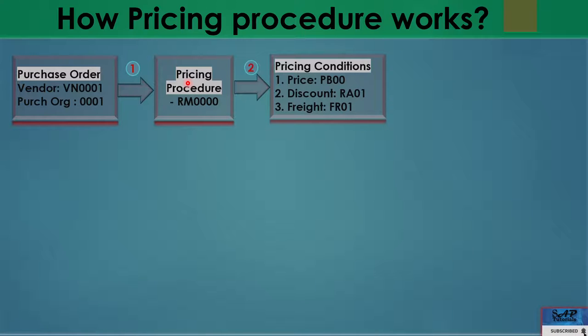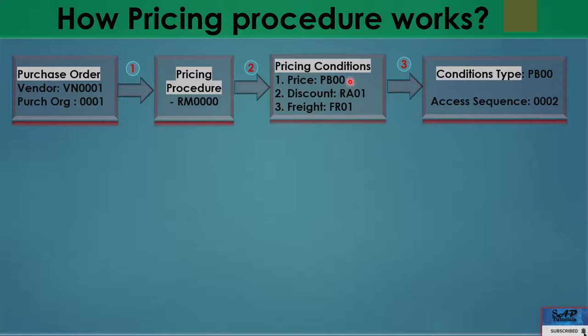For this pricing procedure there will be various conditions. Out of that, there might be some mandatory conditions, some optional conditions, and whole groups of conditions, and we will use whatever is appropriate for that particular procurement of goods or services.